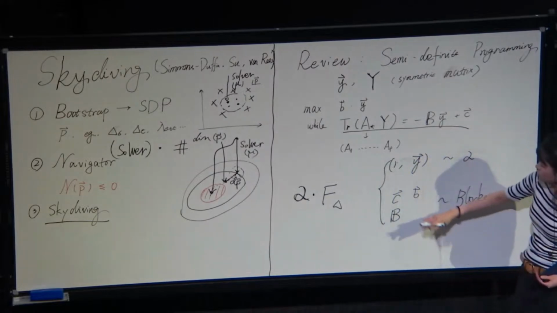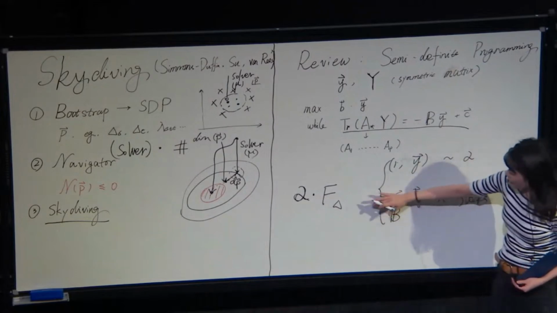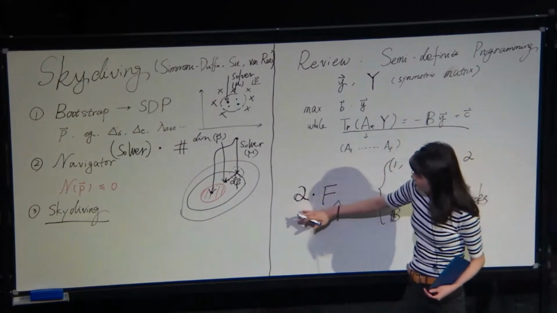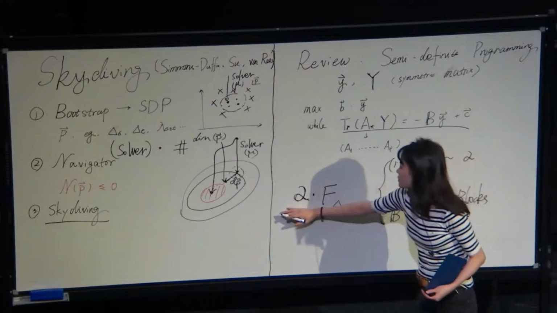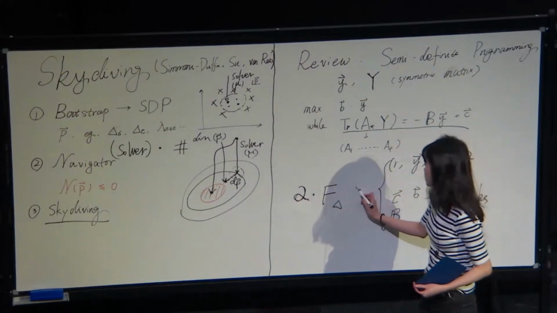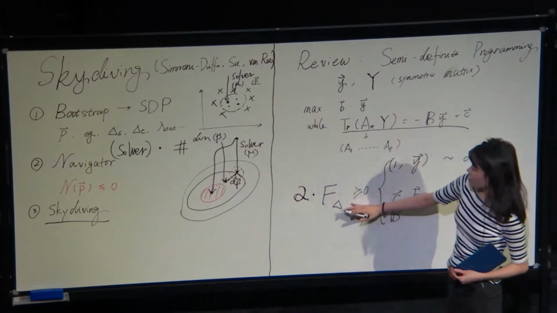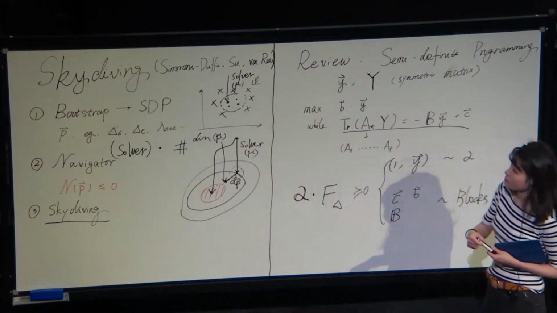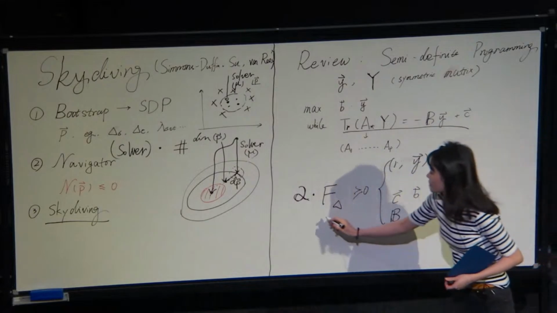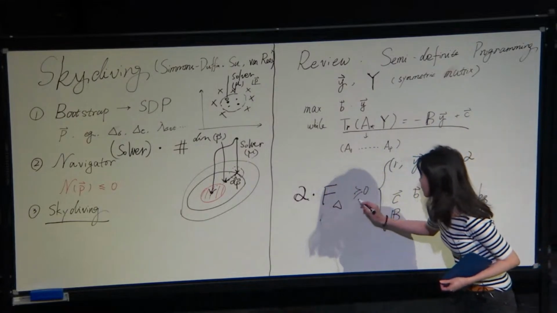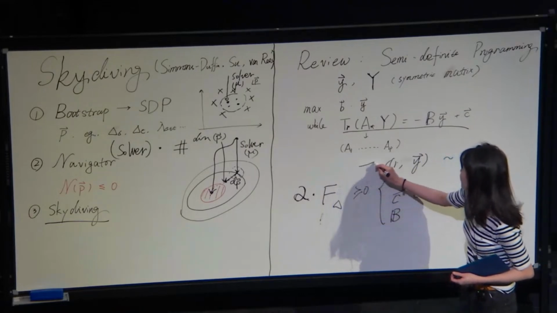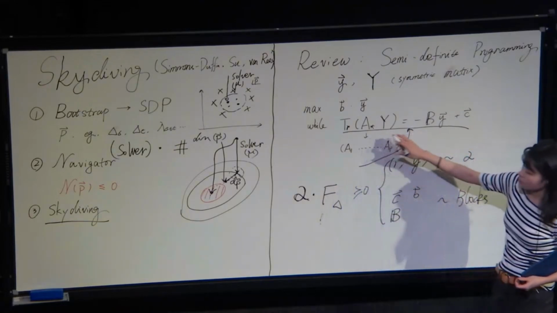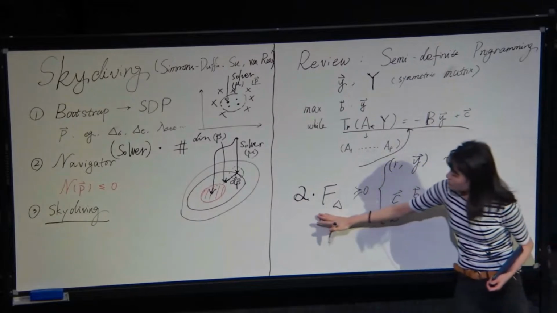So finally, we want to find the functional such that the functional acting on the blocks is positive semi-definite. And this semi-definite condition gets translated into these expressions.